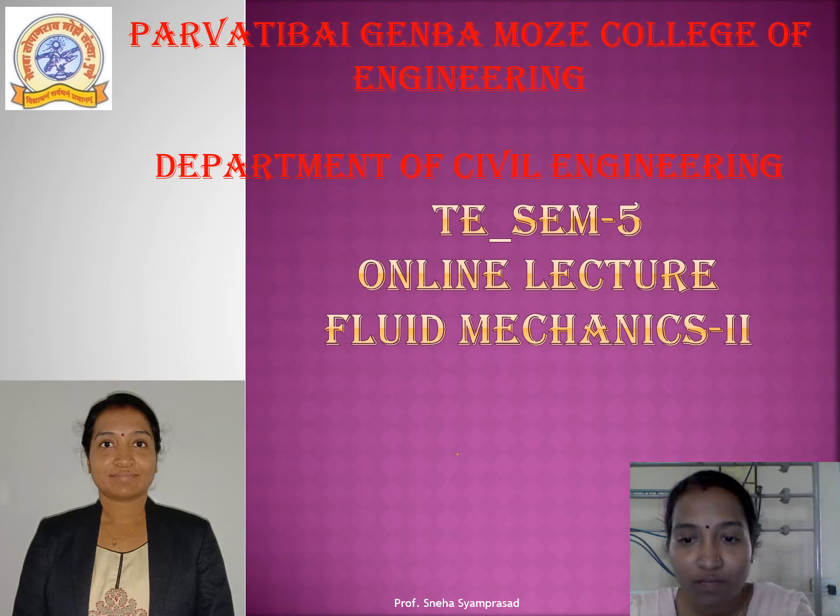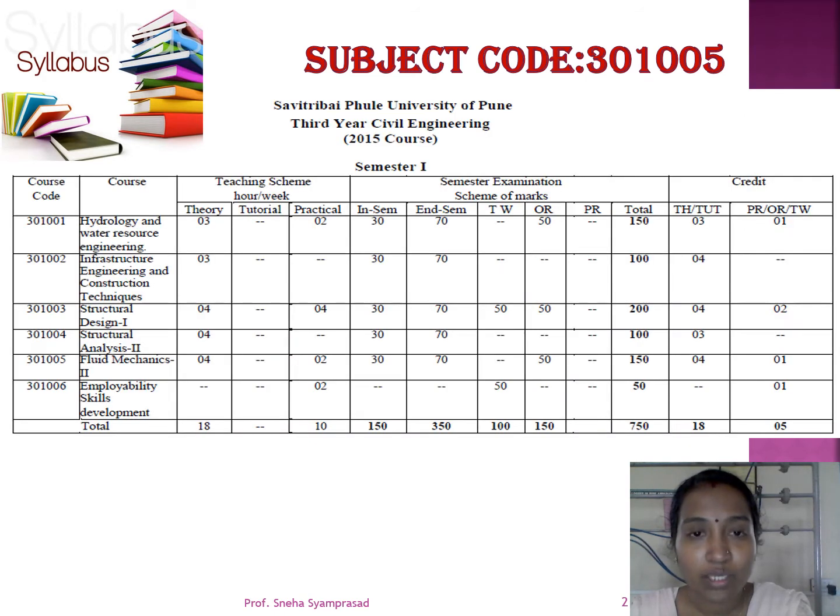So let us begin with our syllabus content, which is there for your FM2 syllabus. Your syllabus contains a preview on the summary of the theory classes, practical classes, your end sem marks and in sem marks, practical or oral marks, and what credits are applied for your semester and for your subjects.